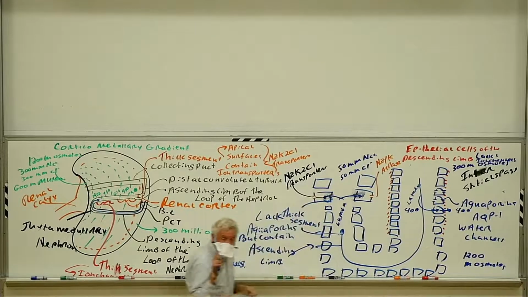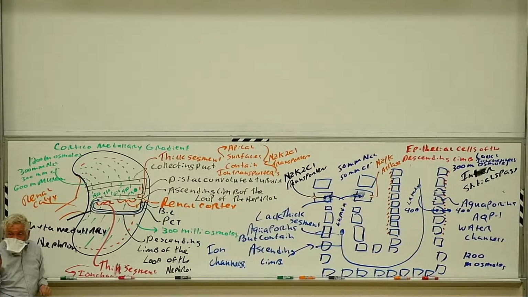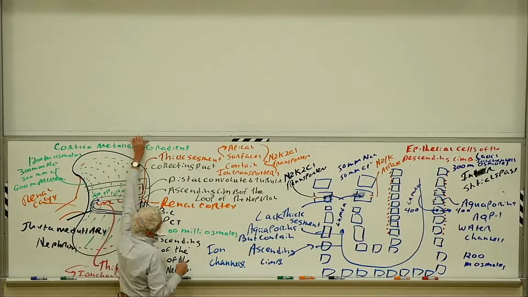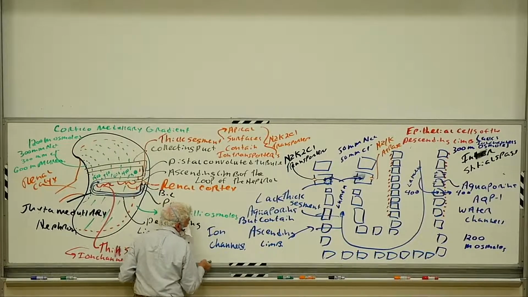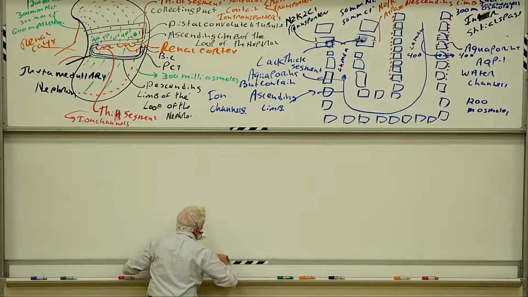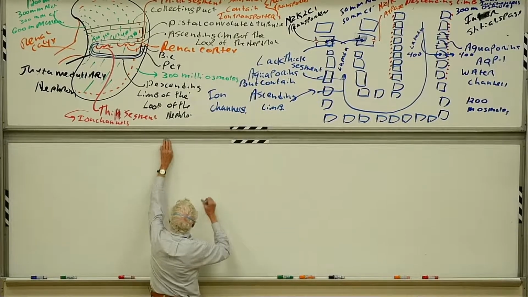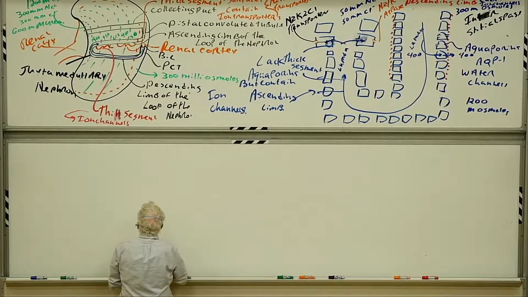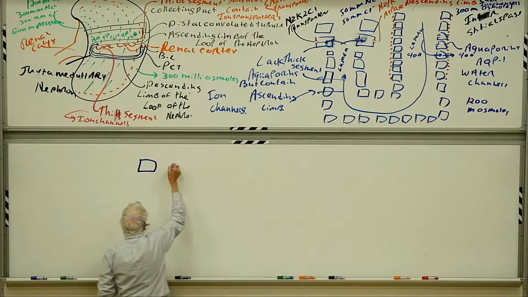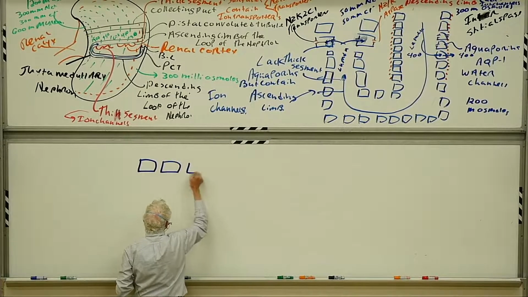So any questions to there? The next stop is going to be the distal convoluted tubule. So let's use our boxes again. And up here, draw a series of boxes that are going to represent the distal convoluted tubule.